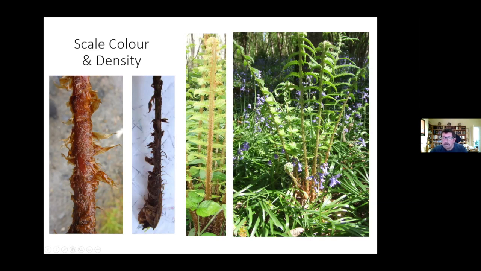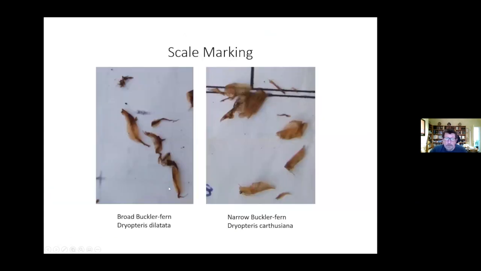This is a picture of Dryopteris filix-mas, the male fern, which has some scales down the bottom. But again, they peter out as you go up. They all start to disappear and become very thin. Okay, so the density of these on the different parts of the stem is a very important distinguishing character. So look at the colour and the density. Sometimes they have markings.